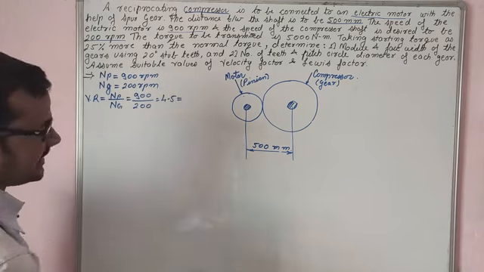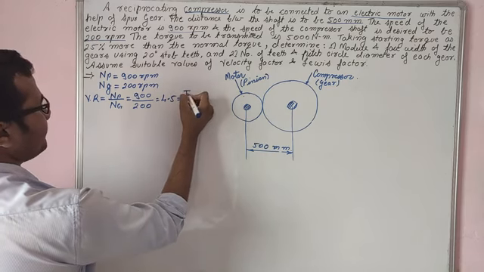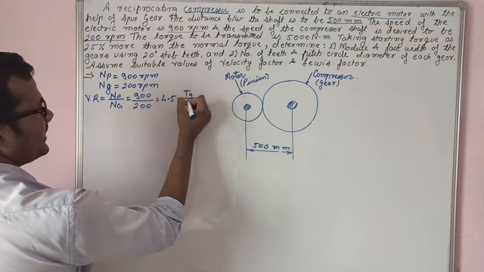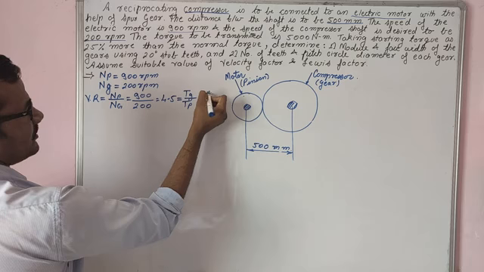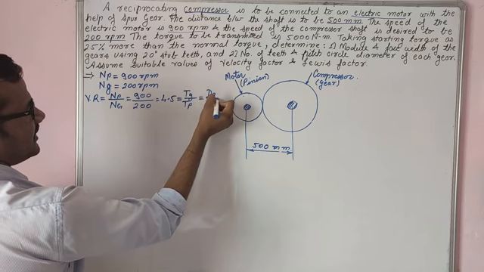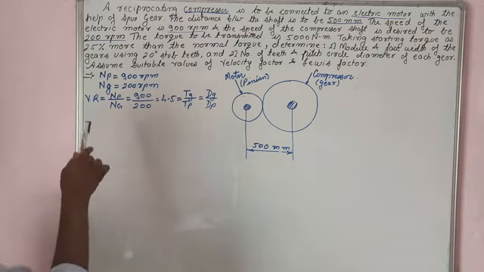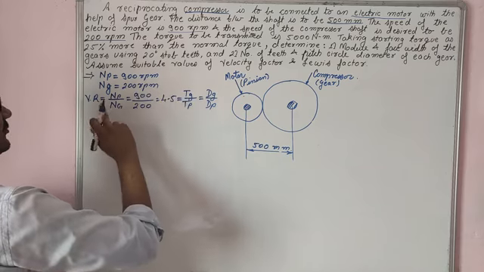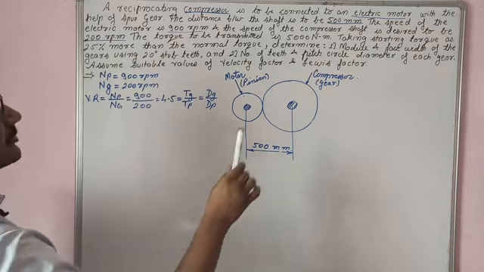In terms of number of teeth, this velocity ratio will be TG by TP, and in terms of pitch circle diameters, it will be the pitch circle diameter of the gear upon the pitch circle diameter of the pinion. So this is the hidden data which we have to find out from the speeds. Okay, let us move forward.